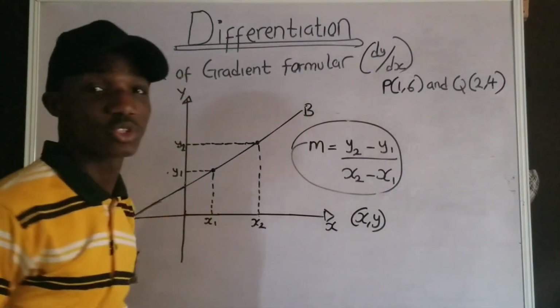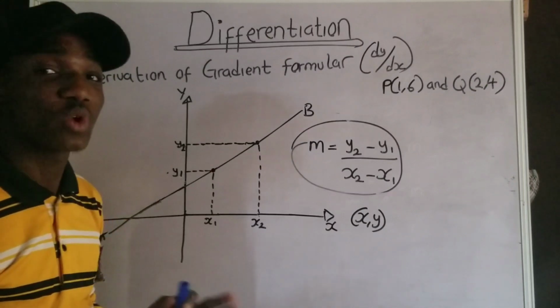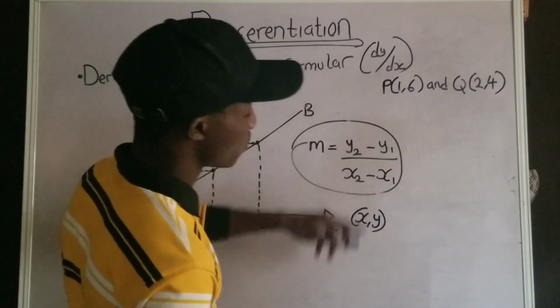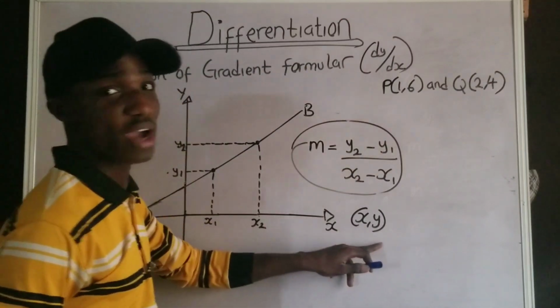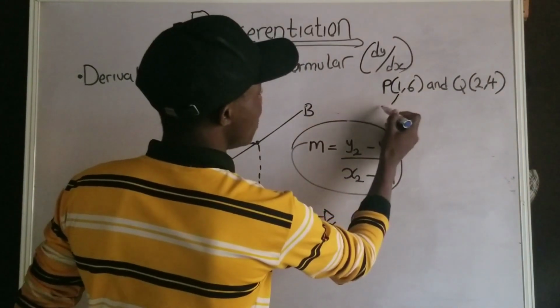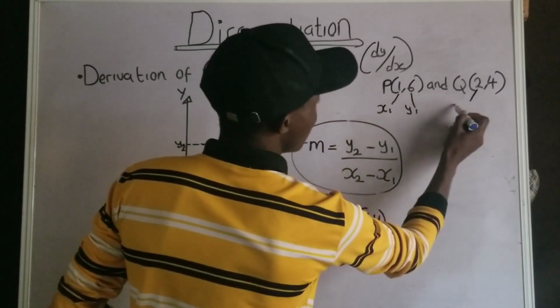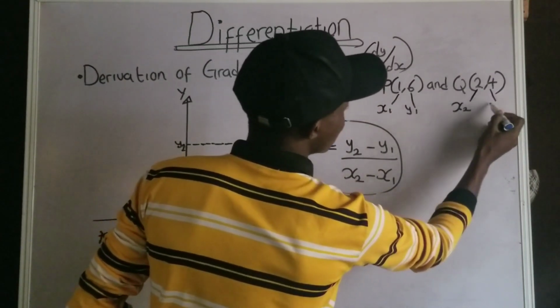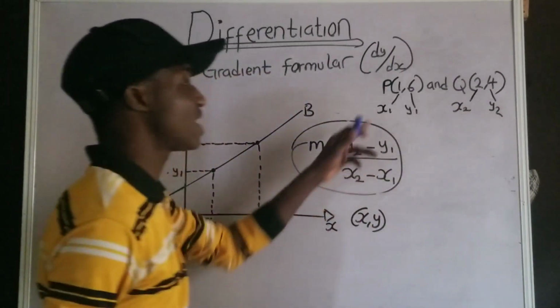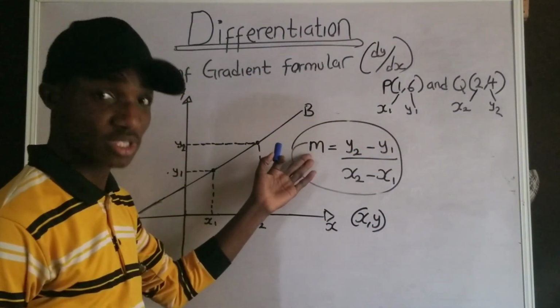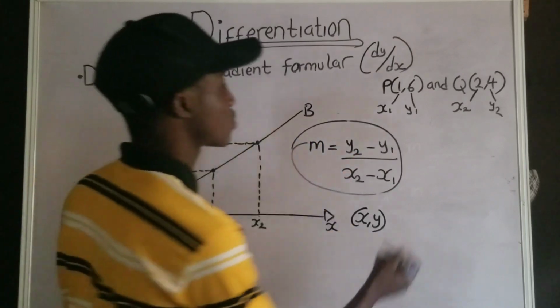The first step is also to identify our y2 and y1 and x2 and x1. At every given point we always have the coordinate x, y. So this one will be x1, this one y1, this one x2, and this one y2. We then use the formula y2 minus y1 over x2 minus x1.